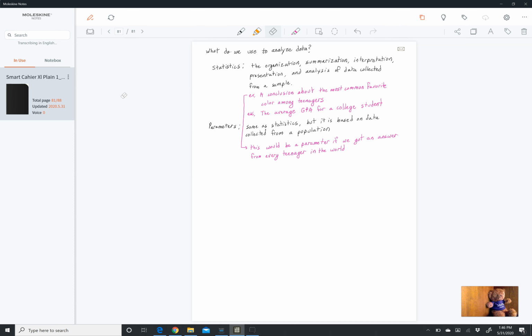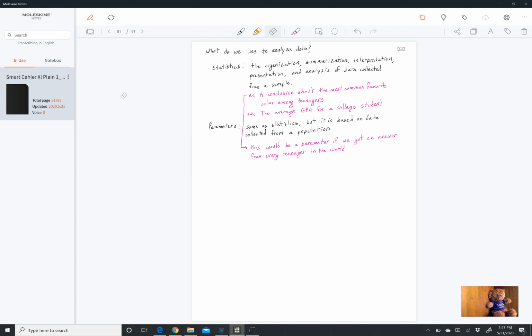Again, we typically use statistics because most of our data is collected from a sample. The sample, we want it to be a representative subset of the population. And the idea of the statistics is that we're using the sample to make conclusions about our population.